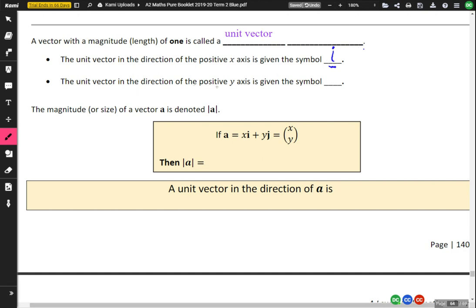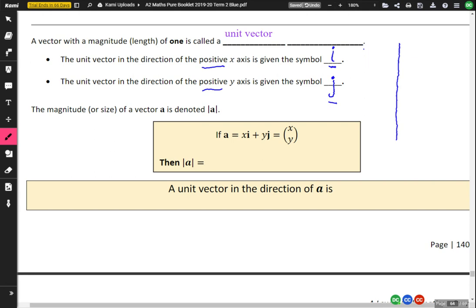The unit vector in the direction of the positive y-axis is given the symbol lowercase j. And same as the i, we underline it if we're writing it by hand, make it bold if we're typing it. So notice it says here positive x-axis, positive y-axis.